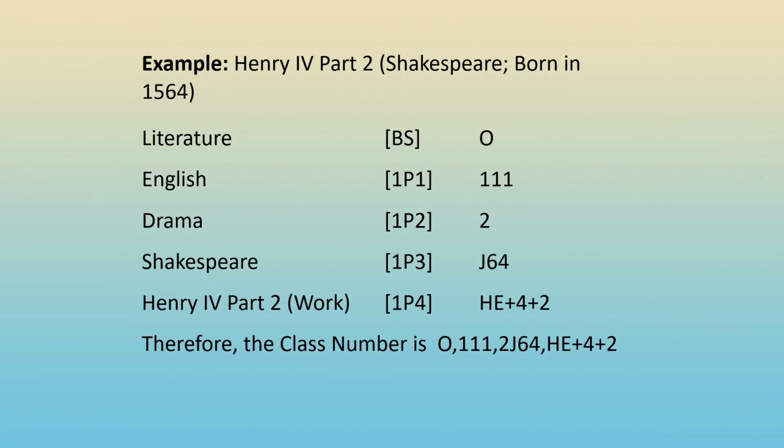The class number will be O111,2, then year of birth of Shakespeare, J64, 1564, then HE plus 4 plus 2 devised by alphabetical device. HE denotes Henry, then 4, Henry 4, and its part 2.